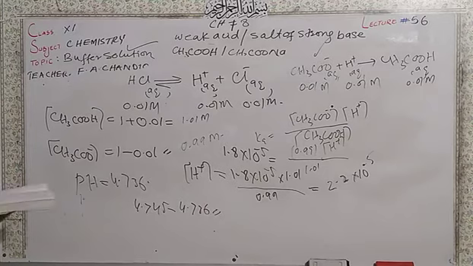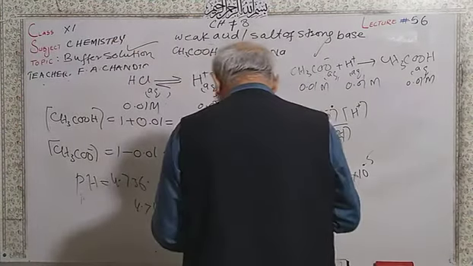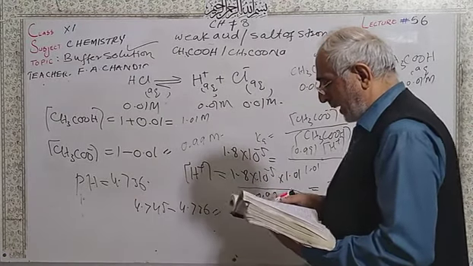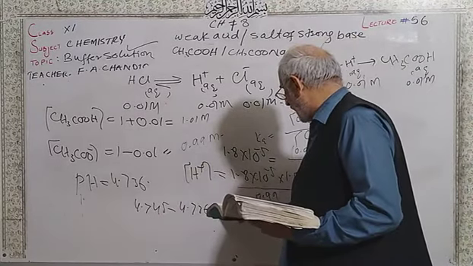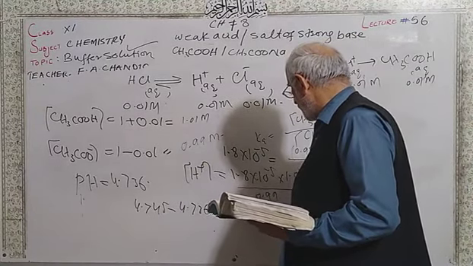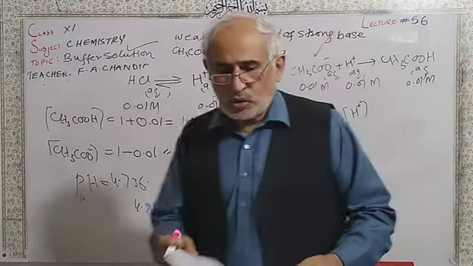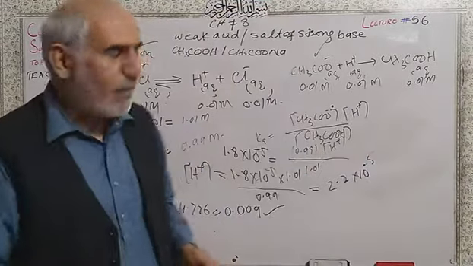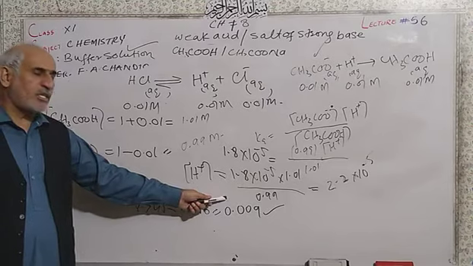So the change in pH is very small. After addition of the hydrochloric acid, the pH difference is very minute, about 0.009. Use your calculator and calculate the difference in pH. So a very small difference, as I told you.